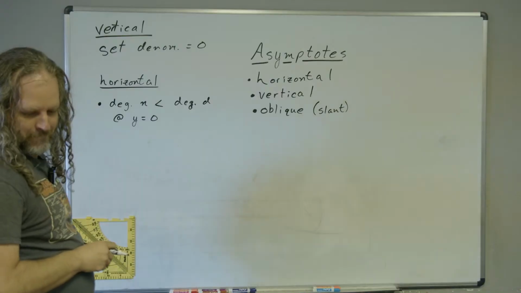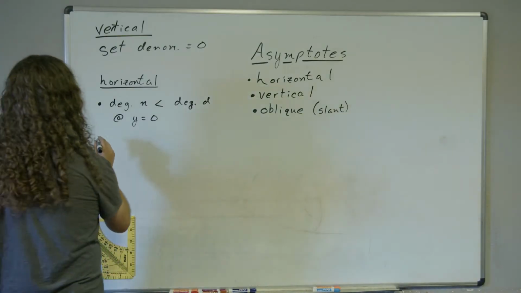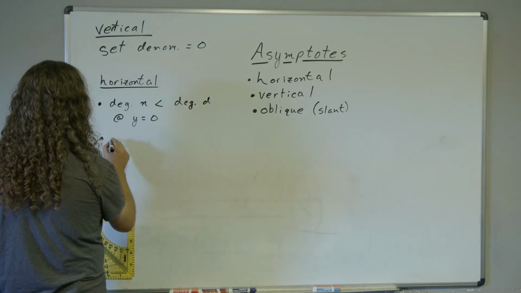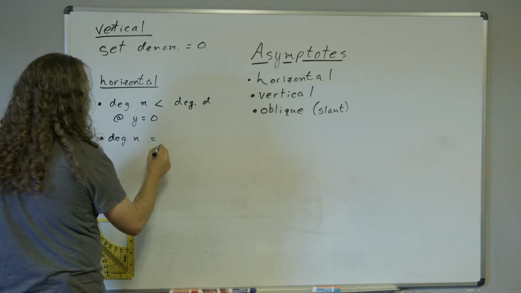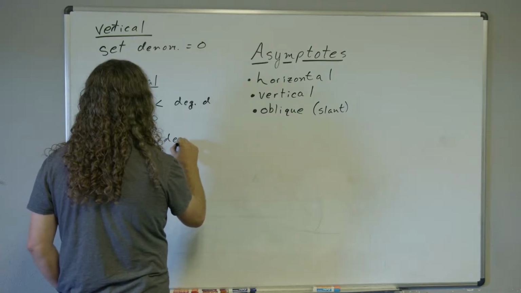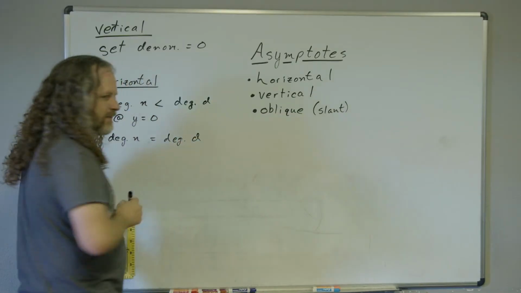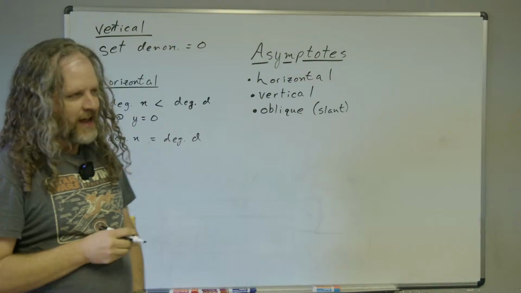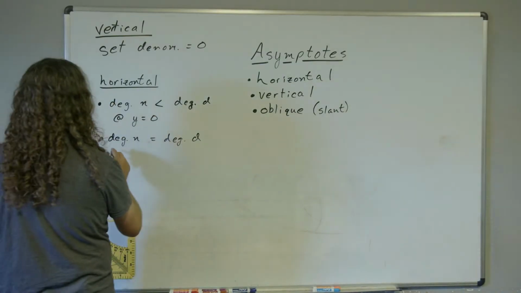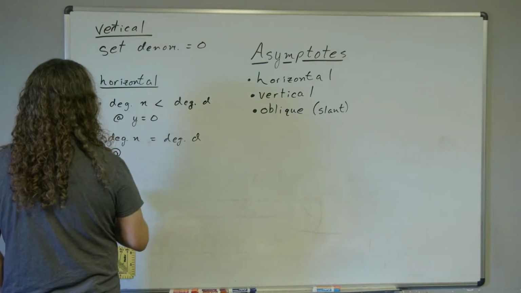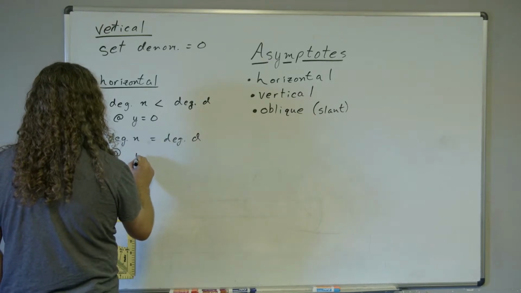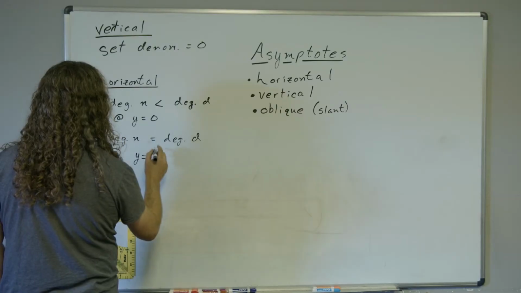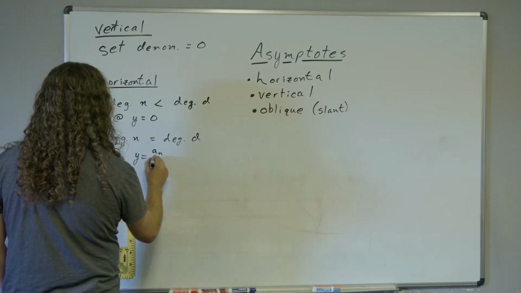If the degree of the numerator equals the degree of the denominator, then it has a horizontal asymptote at y equals a sub n over b sub m.